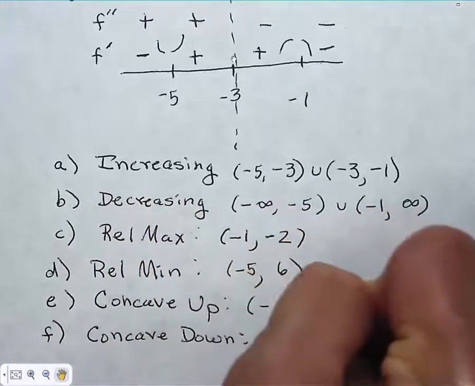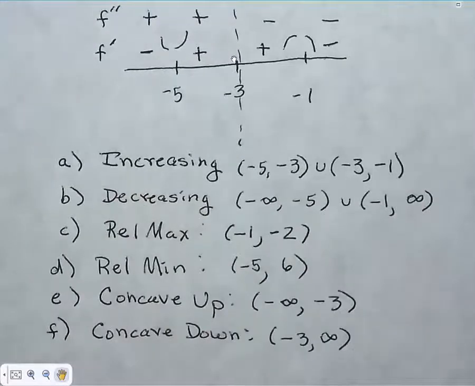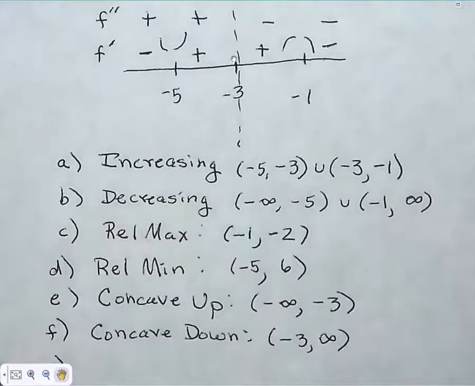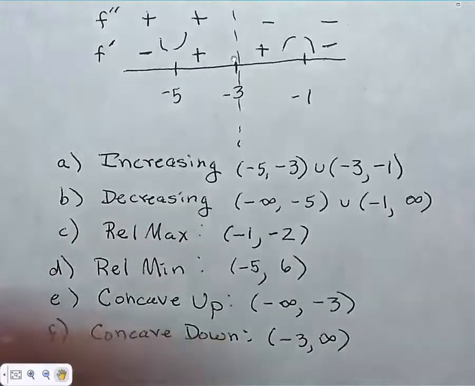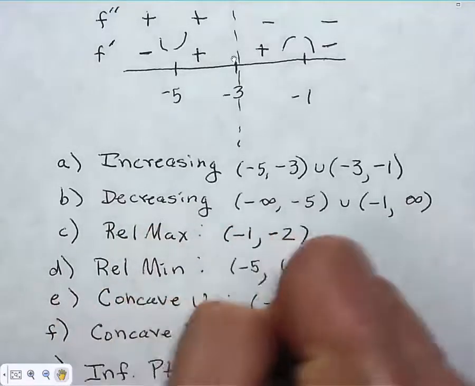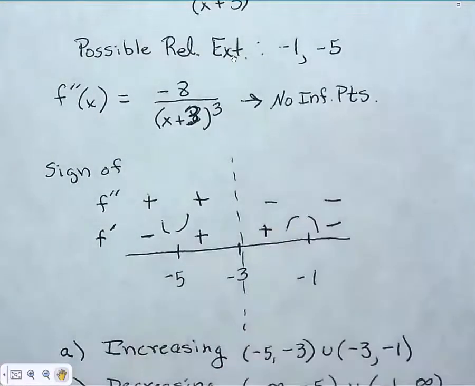Negative 3 to infinity, wherever the second derivative is negative. G, what's the inflection point? Is there an inflection point? No, we decided that way up here when we saw there was nothing that made the derivative 0, second derivative 0.